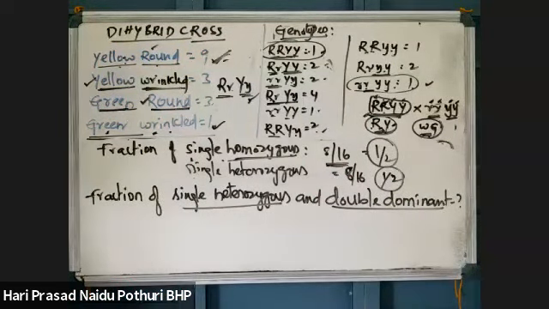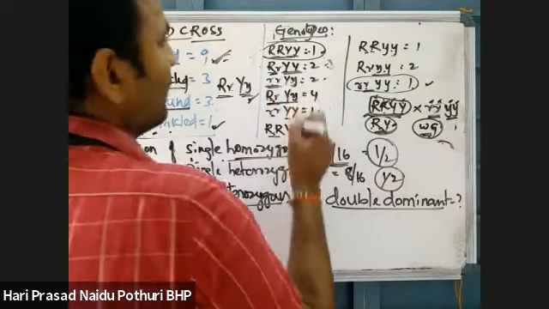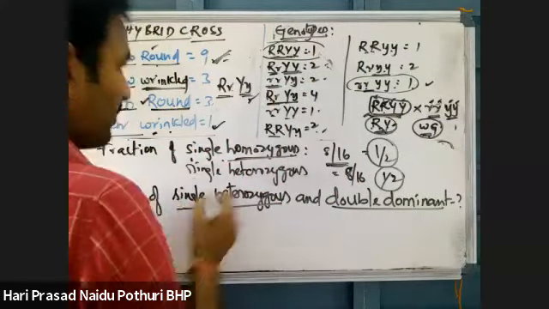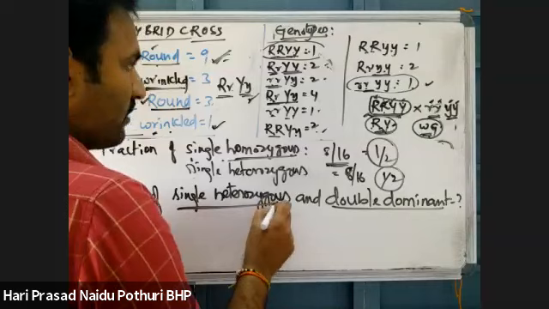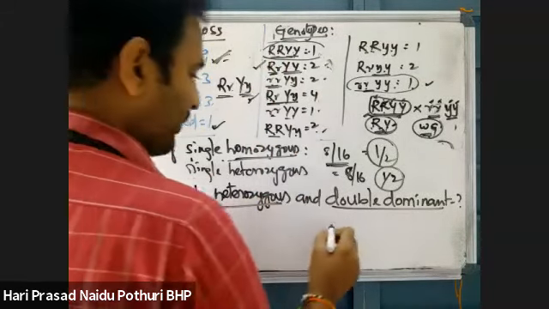What is the fraction of single heterozygous and double dominant parents? Double dominant means what we see? This is double dominant, but this is not a single heterozygous. The question is this one. So this we can take, single heterozygous.